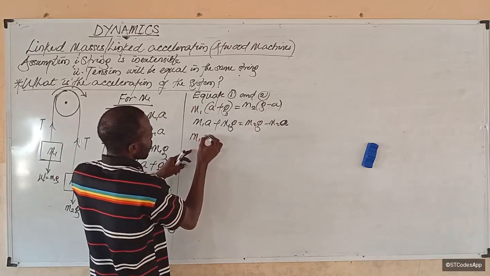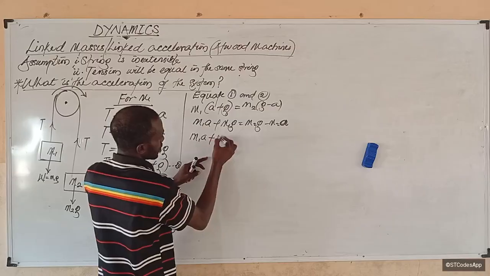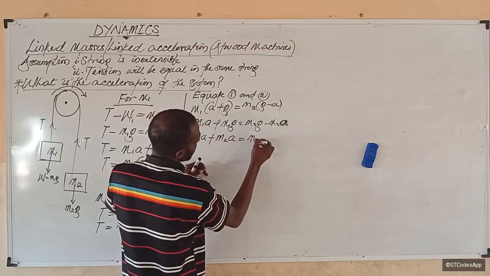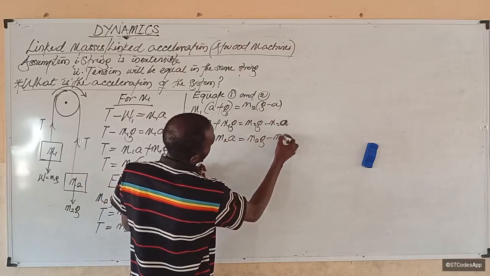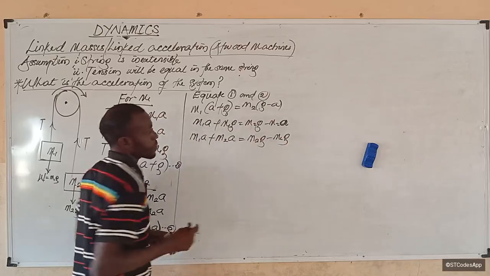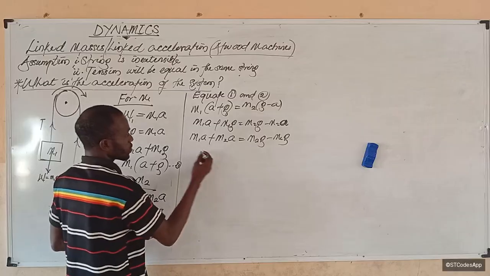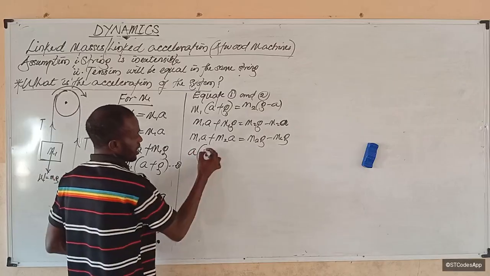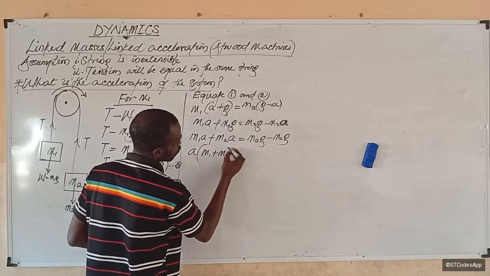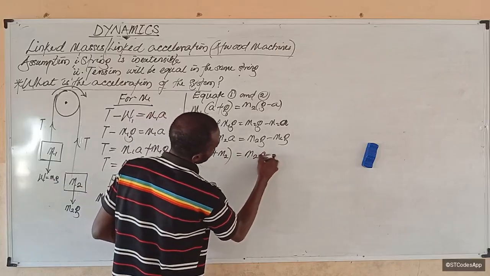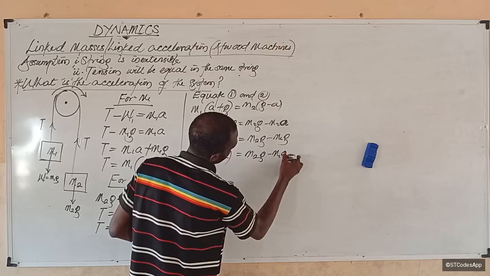So we have M1A plus M2A is equal to M2G minus M1G. This one comes here. Is that clear? So accelerations are now together. A into brackets M1 plus M2 is equal to M2G minus M1G.